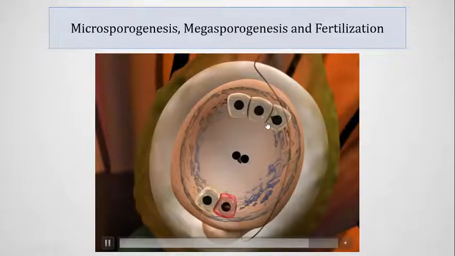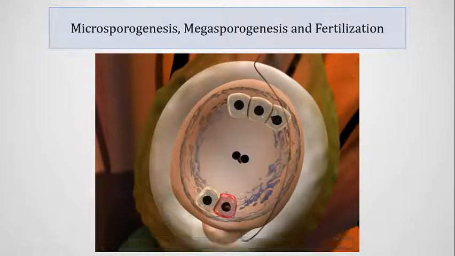The fertilization takes place for the secondary nucleus and also for the egg or ovum. That is why this process is called double fertilization. That means 2 events of fertilization take place simultaneously, and the double fertilization process is a unique feature of angiosperm plants. Usually gymnosperm plants don't undergo double fertilization.